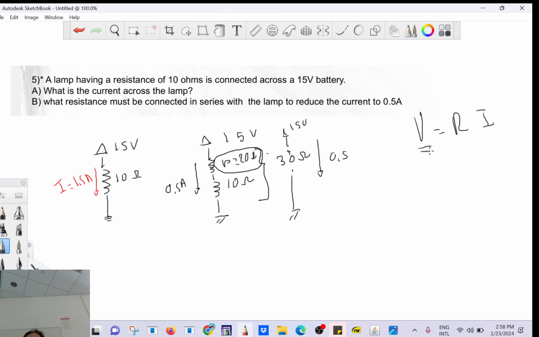So the same voltage, if the resistance is multiplied by 3, the current will be divided by 3. And this one stays the same. So if this one goes up by a factor of 3, this one will be divided by 3 or go down by a factor of 3. Okay?